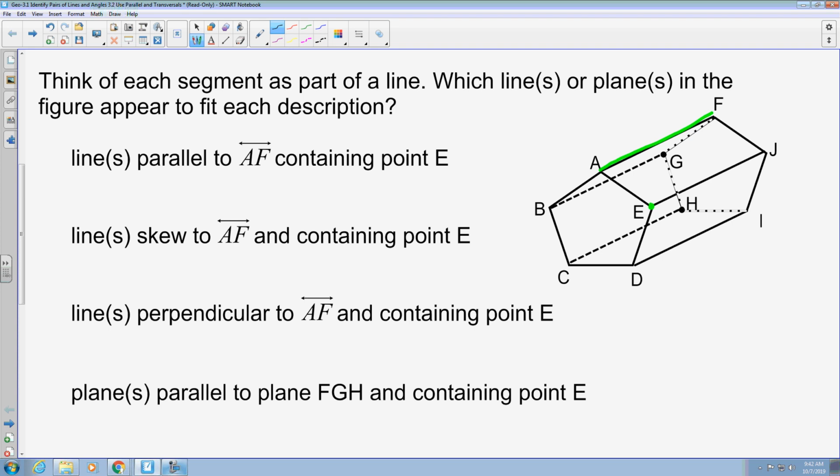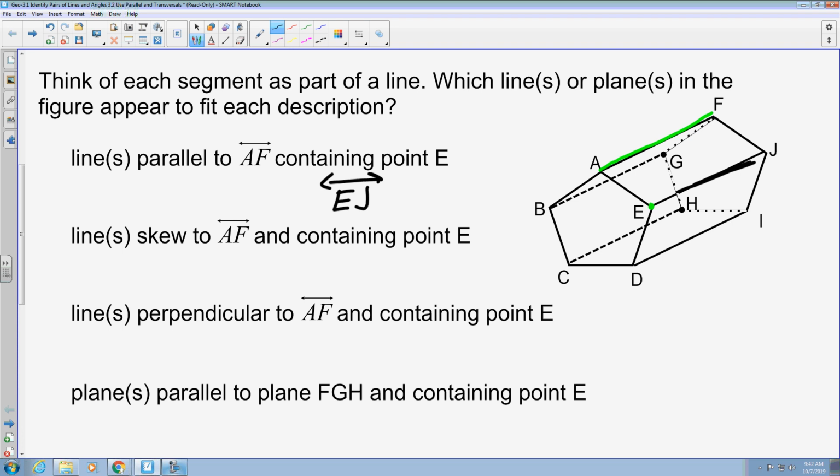The first thing is they want to find a line that's parallel to AF, the one that's green, and also contains point E. So the line that fits all of those descriptions is going to be line EJ. All right, it's right here.